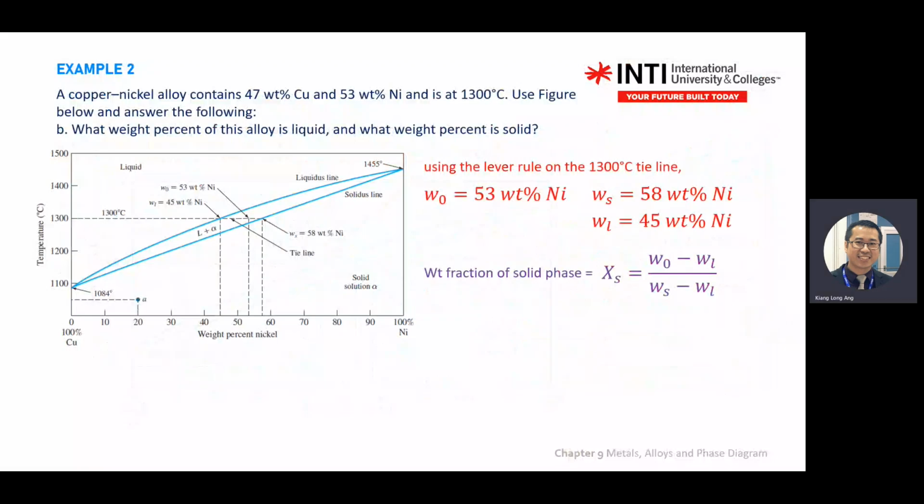Or you can use the equation W0 minus WL. So you take this one, the question's X here, minus this one, because as you move to the right, the percentage is higher, so you take the higher number minus the lower number, and you will get 0.62.